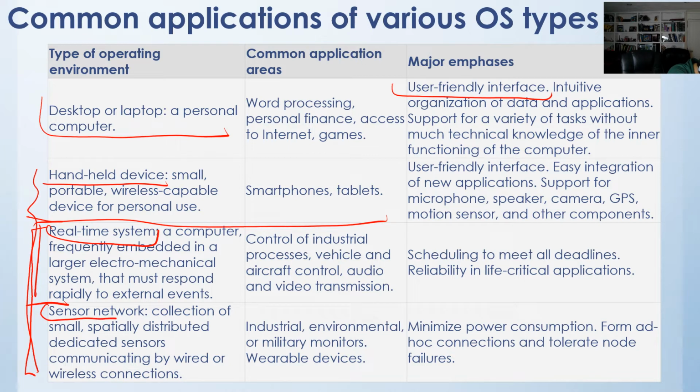And then there are sensor networks. A sensor network is a collection of small, spatially distributed, dedicated sensors communicating by wired and wireless connections. Sometimes these sensor networks don't even talk to people. These sensors are connected to your desktop, and every time they just collect data, like temperature sensors.